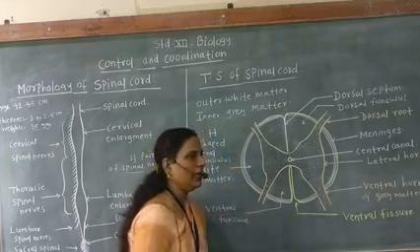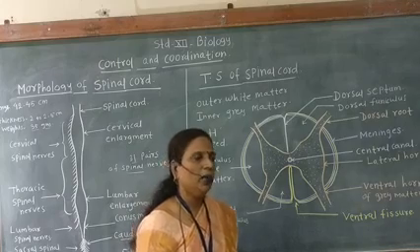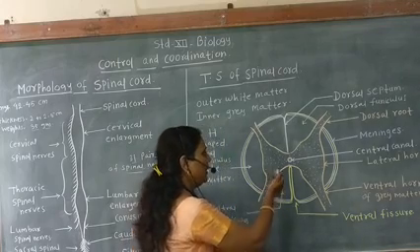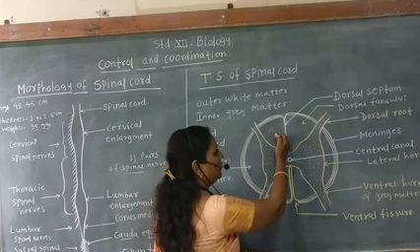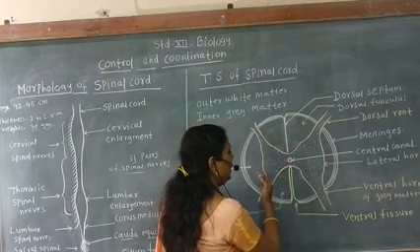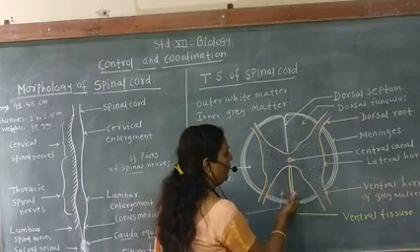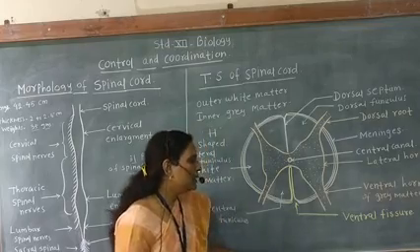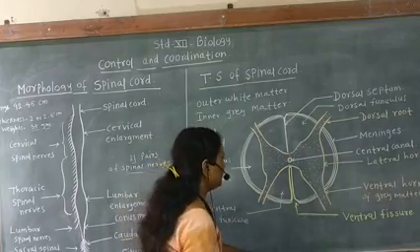The white matter mainly consists of medullated nerve fibers. So the dorsal funiculus shows ascending sensory nerve fibers, and the lateral and ventral funiculi show descending motor nerve fibers.